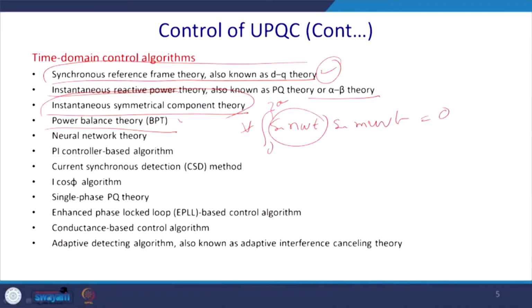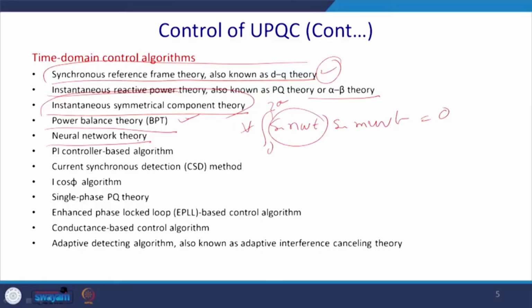This is its task. Now, with the advent of soft computing techniques, a neural network based theory has also been proposed. We can generate a transfer function and train it to minimize the THD, both current THD and voltage THD, and thus the control technique can be achieved by ANN.